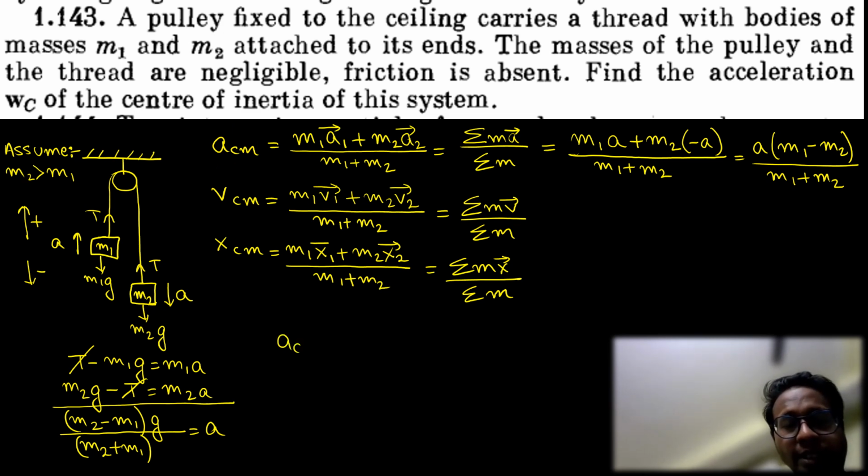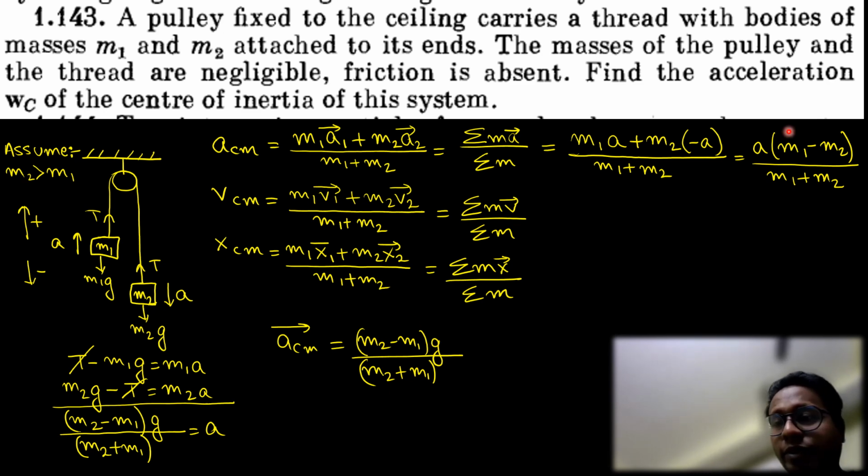So the acceleration of center of mass is nothing but a, the value of a being (m2 minus m1) into g divided by (m2 plus m1), into the remaining parameter, (m1 minus m2) divided by (m1 plus m2).